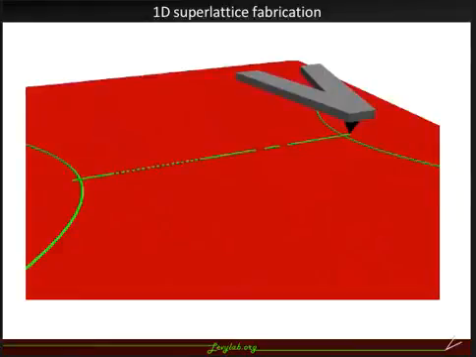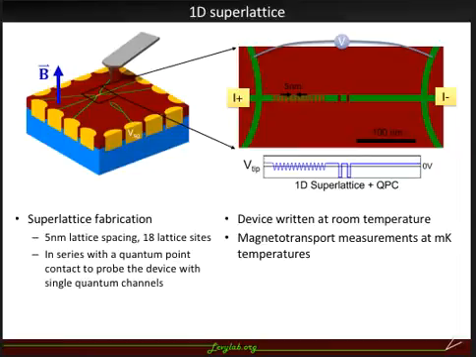So here, by applying these negative voltage pulses, we've created a one-dimensional lattice of conducting sites in this wire. The devices I'm going to describe today have 5 nanometer lattice spacing, and they typically consist of 18 lattice sites. These are in series with a quantum point contact, which is just indicated by those 2 lines there.